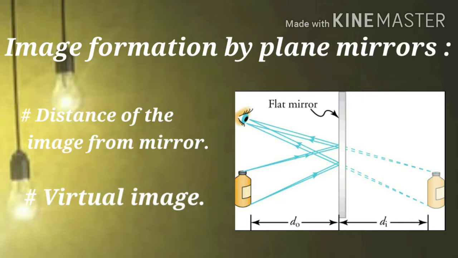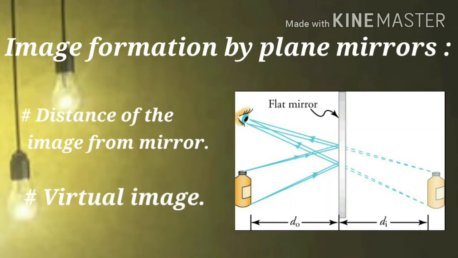So the distance of the image and mirror is the same, and the image formed is virtual, means it is not formed on the screen but behind the mirror. So these are the characteristics of the image formed by the plane mirror.